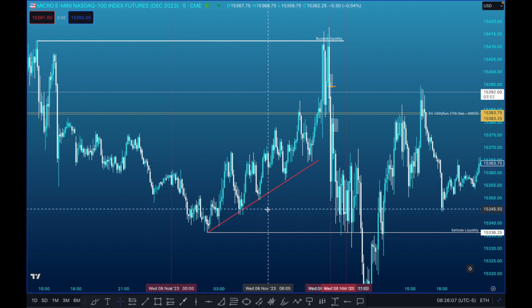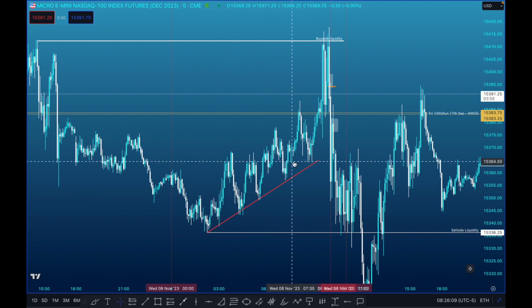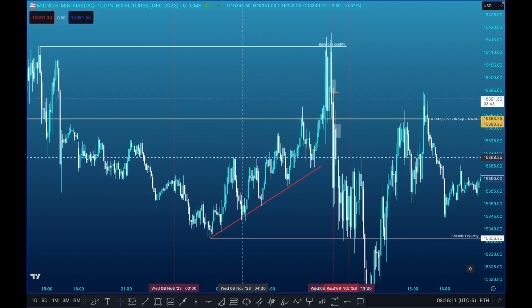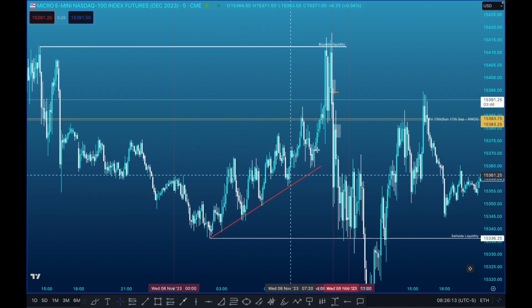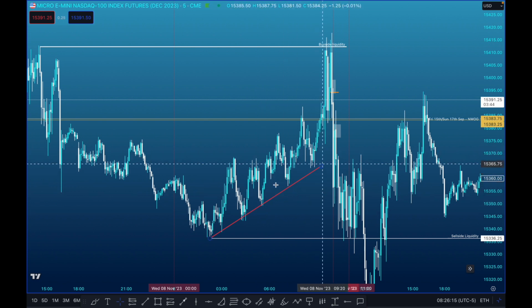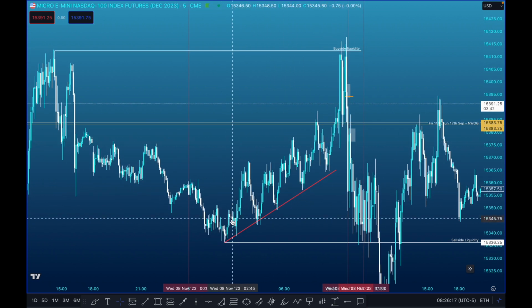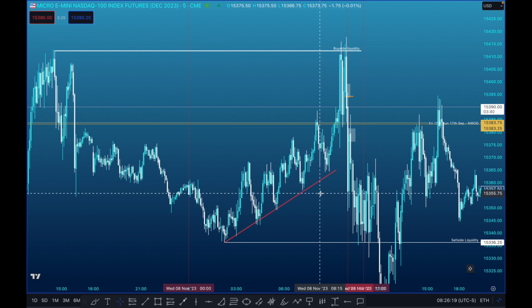So when I see this in price, I know that the market is going to want to sweep these lows at some point. Okay, so that's the first signature that I'll look for when I'm trying to go short.